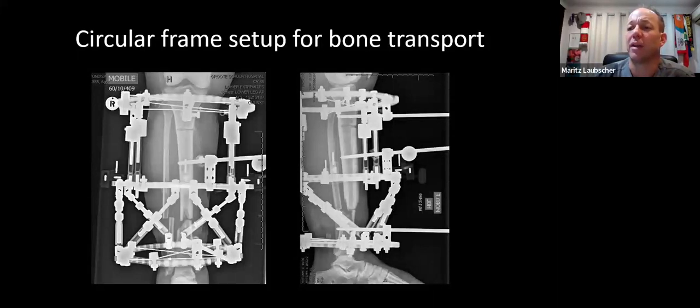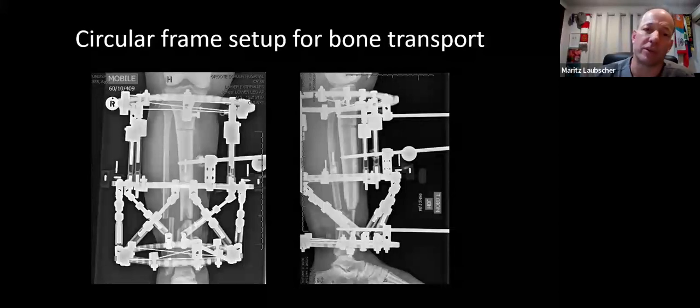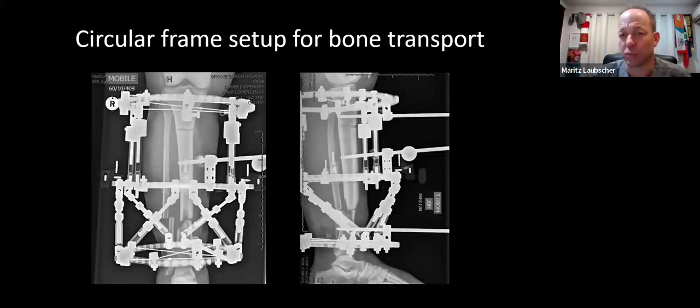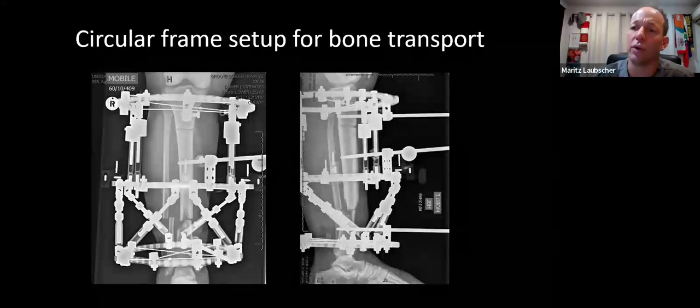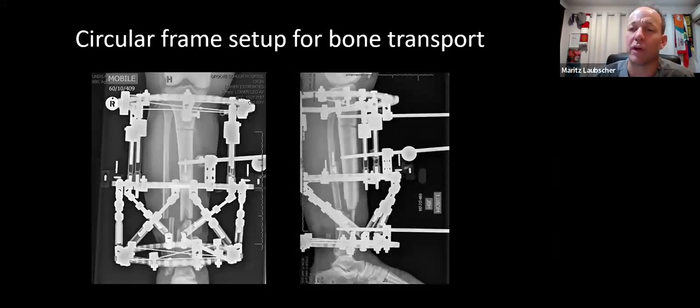Now, the benefit of shortening with simultaneous lengthening versus bone transport. In bone transport, you maintain the length of the limb segment. You do an osteotomy, and now you move that middle segment down. So in other words, healing at the initial treatment focus only starts once the bones dock.